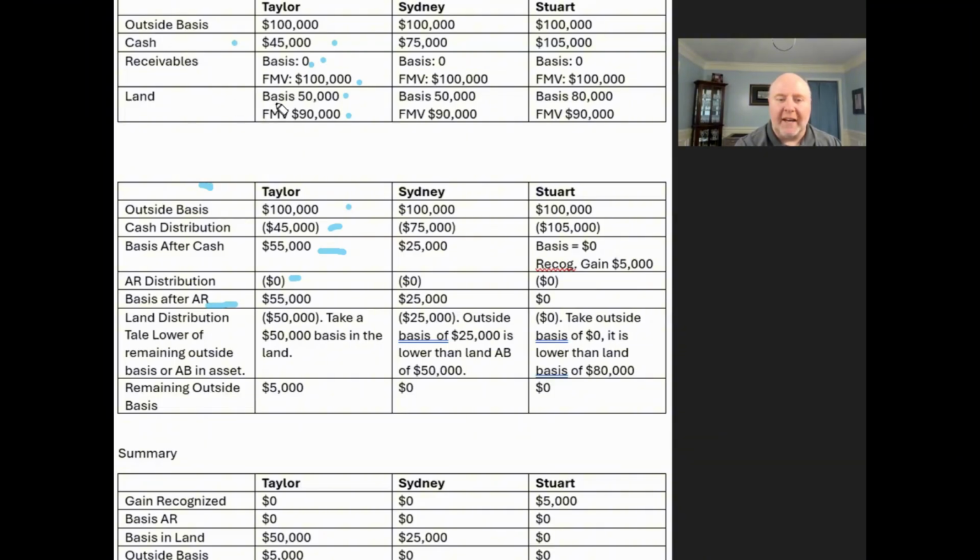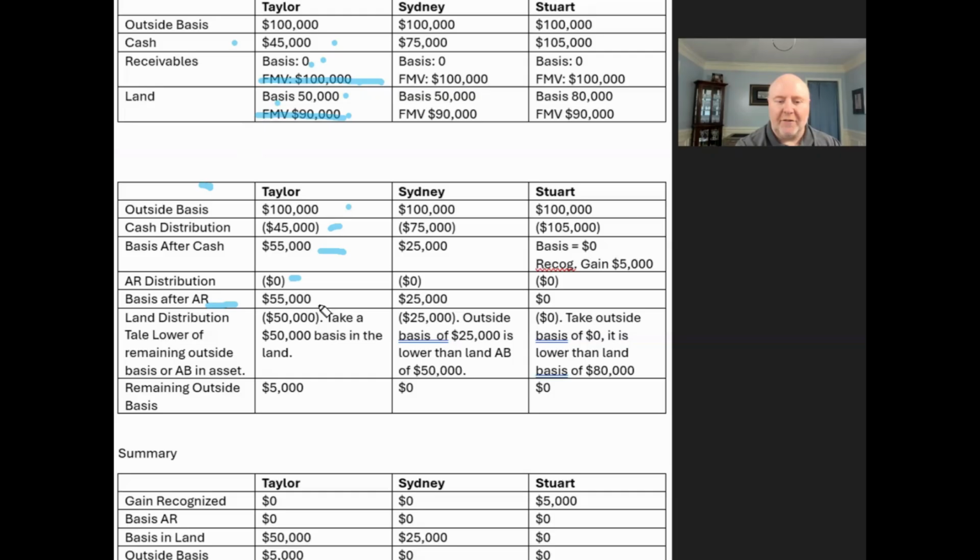So, what's the next thing we do? Well, we have land, and our general rule is we're taking the basis for all these other assets, land, equipment, whatever it is. So basis is $55,000, fair market value at 90. We don't care about fair market value. That's not what we're dealing with. So what we're doing is we're taking $50,000 for our land over here. Now, here's where it can be a little bit tricky at times.